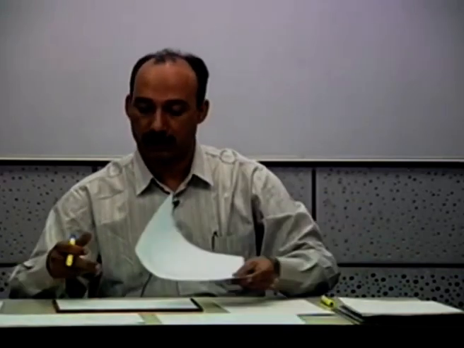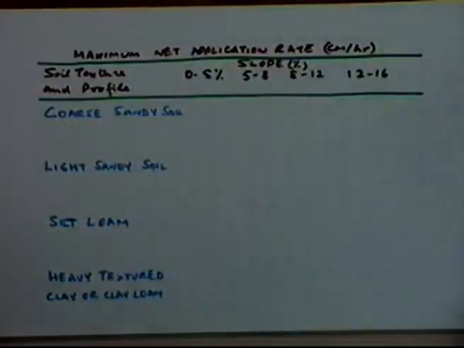If you are looking at the maximum application rate which can be applied, which is the net application rate, you have to consider basically the soil characteristics, which will decide what the infiltration rates are, and the slope, which will decide what velocities can be obtained, and even the infiltration rates can also be affected because of the slopes.